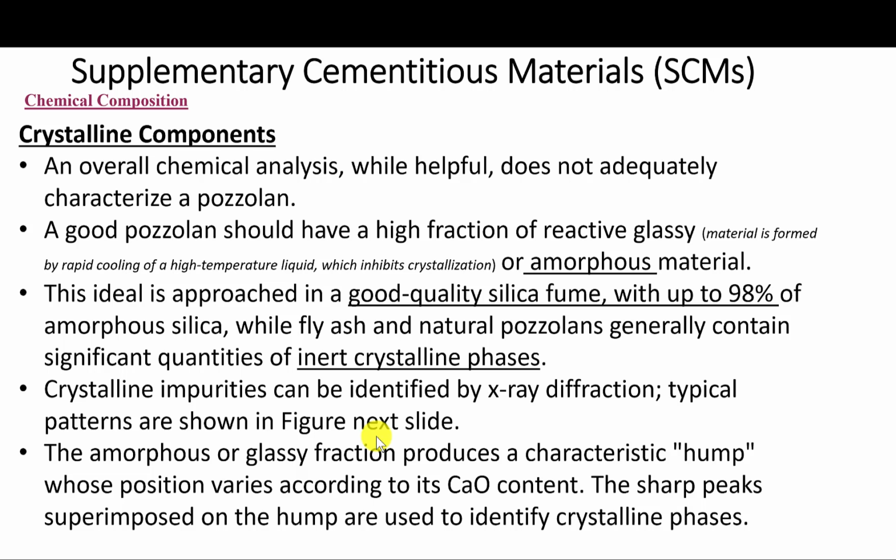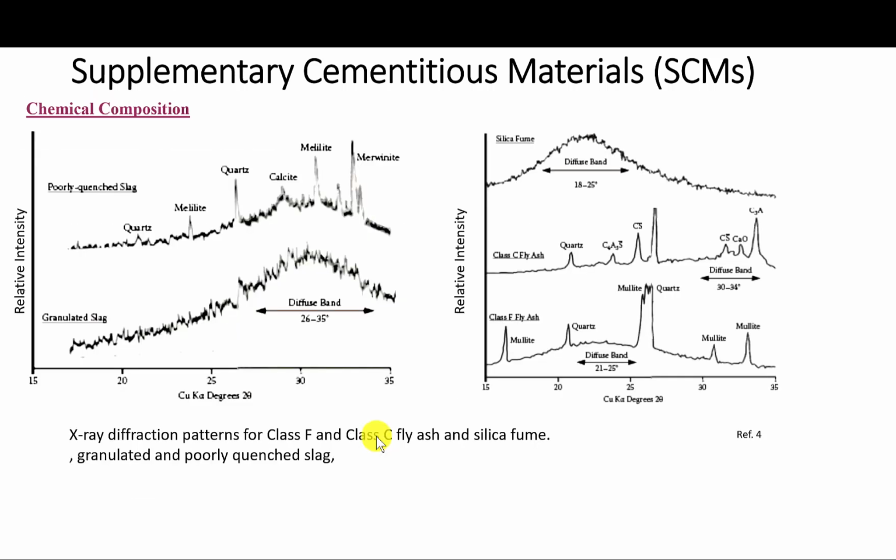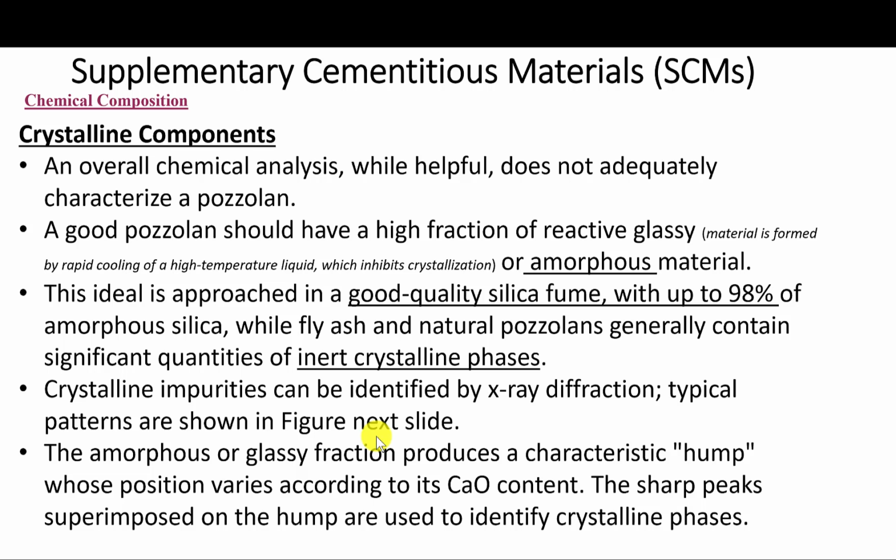The crystalline impurities can be identified by X-ray diffraction, whose typical patterns are shown here. Okay, I will talk about them in a bit. The amorphous or glassy fraction produces a characteristic hump, as you can see on the next slide. The position of this hump varies according to the calcium oxide content, which is basically the location of the peak based on the 2 theta.